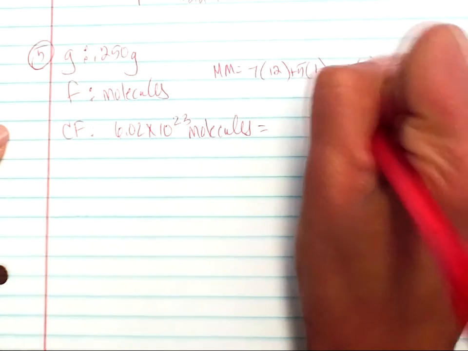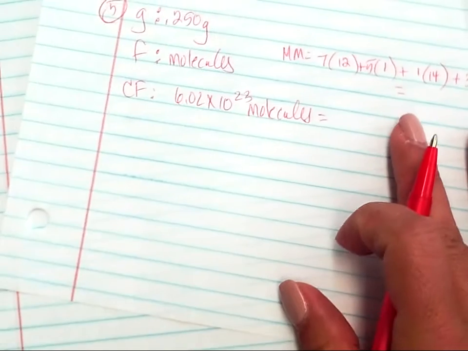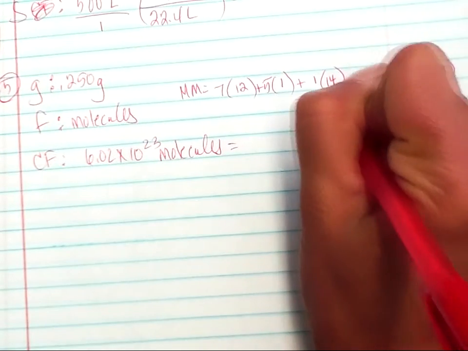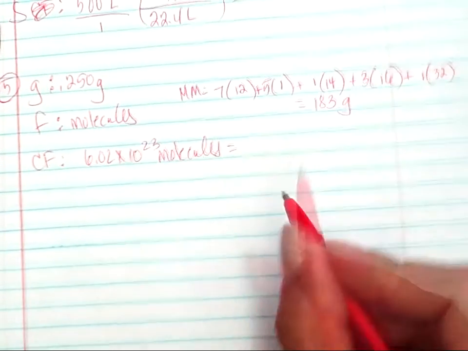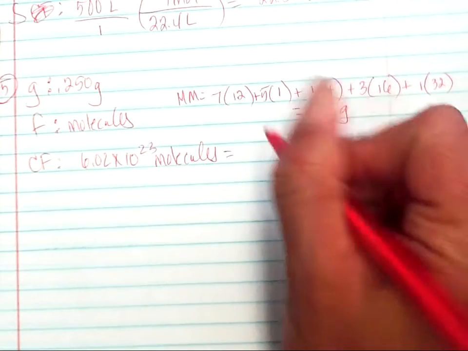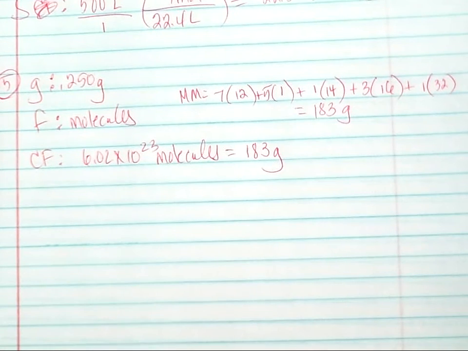When you add them up, they equal 183 grams. So the relationship is 6.02 times 10 to the 23rd molecules is equal to 183 grams of the saccharin.